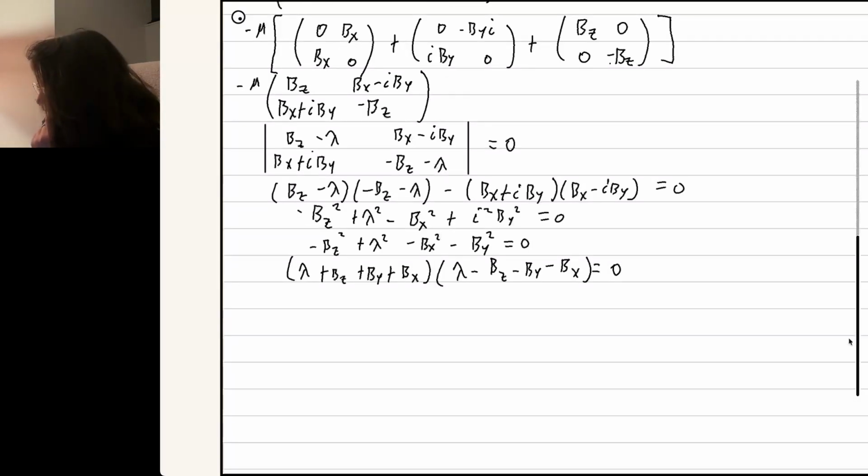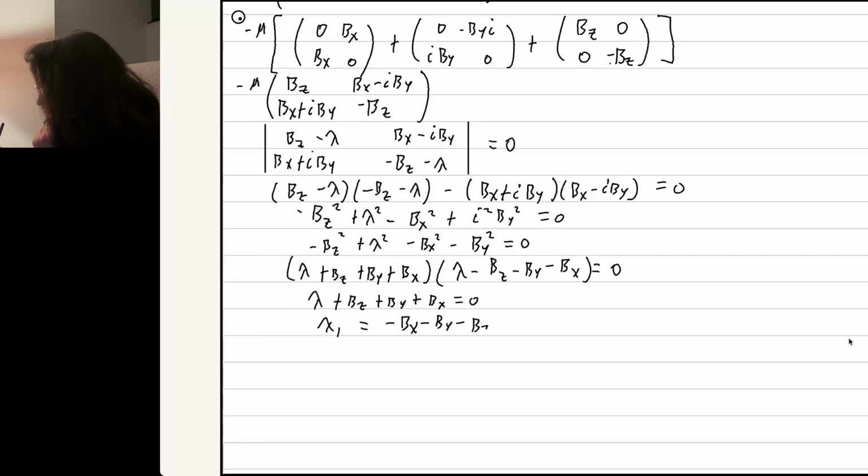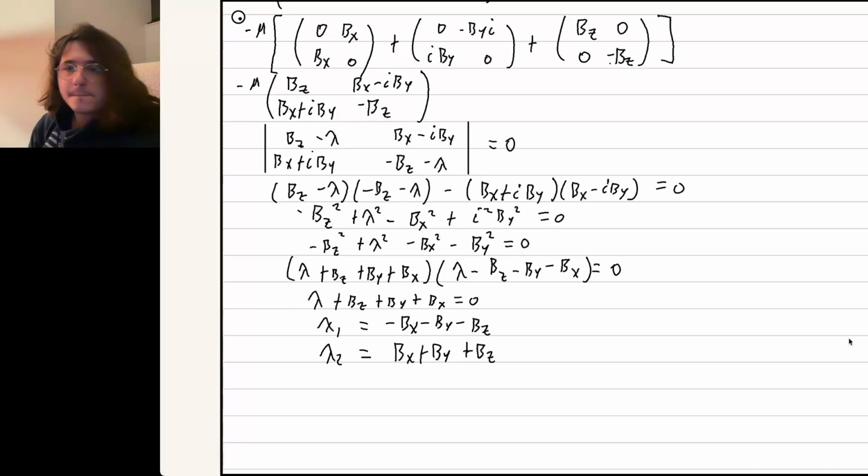So setting one of these equal to 0, and the other of these equal to 0, you can then just see that lambda 1 will be minus bx minus by minus bz, and lambda 2 is equal to bx plus by plus bz. Pretty cool.